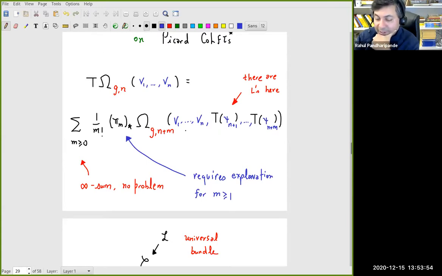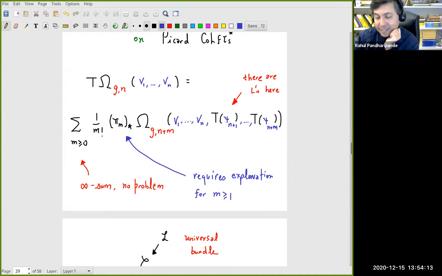If it has more points, then it has some hungry M hungry spaces. We have to feed them, and we feed them always with T. Okay? And then there are some factorials, but we want to go back to n points, so we push down.